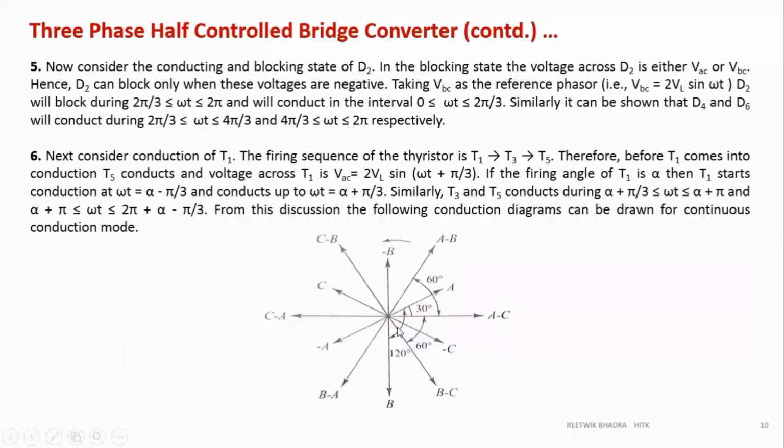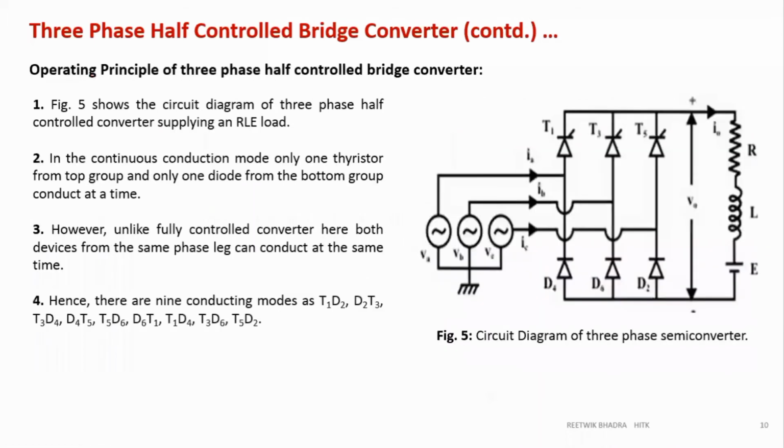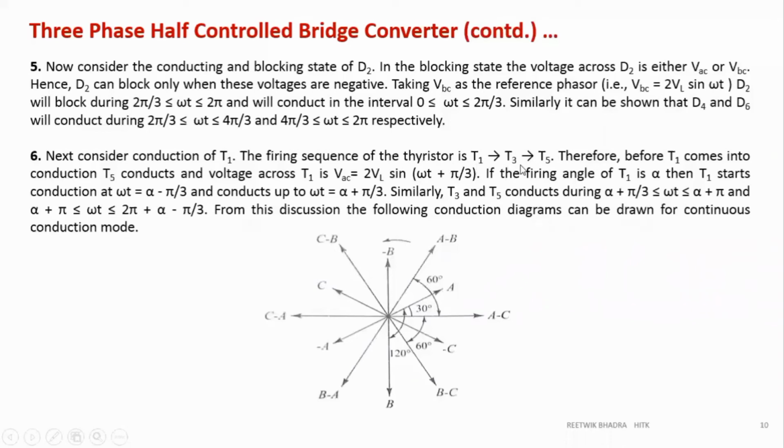Now, if we take the conduction period of the thyristors, how it will conduct we have just seen. After 1, 3 will conduct, then 5 will conduct. So 1, 3, 5 is the sequence, T1 to T3 to T5. This is a cyclic procedure. So before my T1 comes into conduction, T5 was conducting.